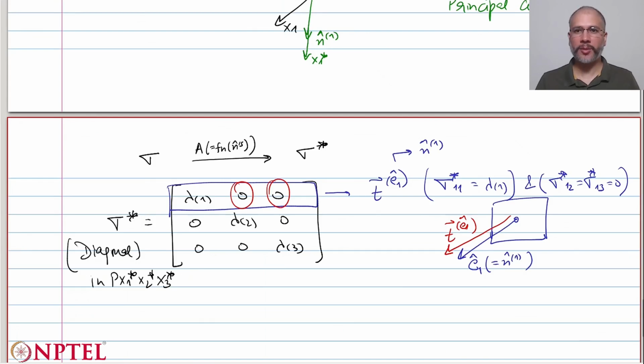So this coordinate system is special, and that is the reason it's called a principal coordinate system. In many cases, we tend to transform our sigma to the starred coordinate system, do all the interesting mathematics in the starred coordinate system, and if required, we transform back to the base coordinate system.